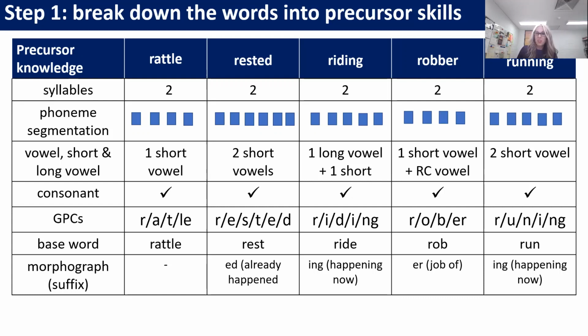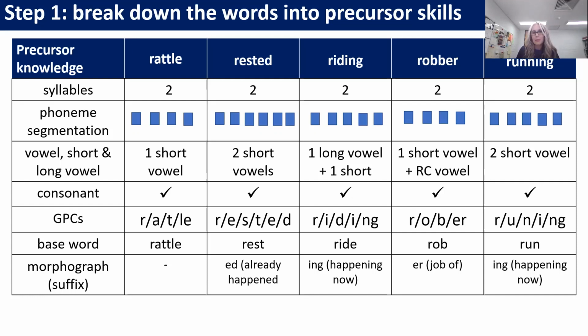So obviously we need to know what consonants are, and then we need to know grapheme-phoneme correspondences, or letter sounds. So at, or. I've broken it down, so that's something we're going to have to teach students as well. And then we've got base words, and base words are really useful when it comes to teaching spelling. From an early age, if you can introduce the concept of a base word, it will help your students enormously.